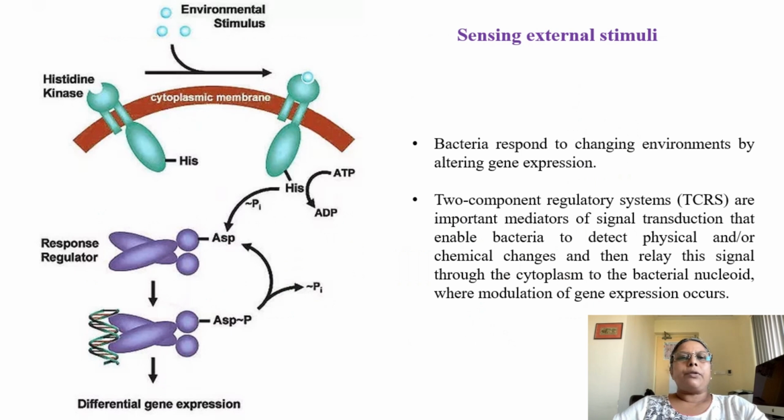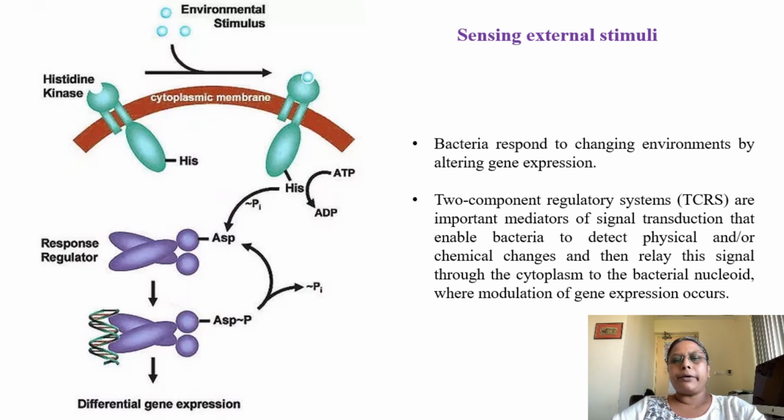Moving further, membrane proteins are also very important to sense external cues, and most important amongst this group of proteins are the two component regulatory systems. These two component regulatory systems comprise the membrane integrated sensor histidine kinase and the cytoplasmic response regulator. Bacteria respond to changing environments by altering gene expression.